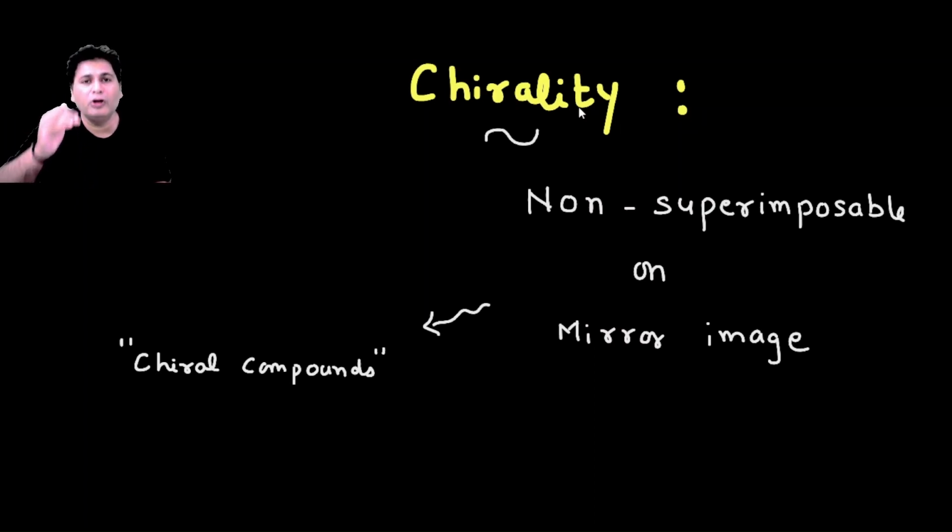So again, if you have to predict whether the whole compound, the whole species, is chiral or not, you first take its three-dimensional diagram. Then you take its mirror image.